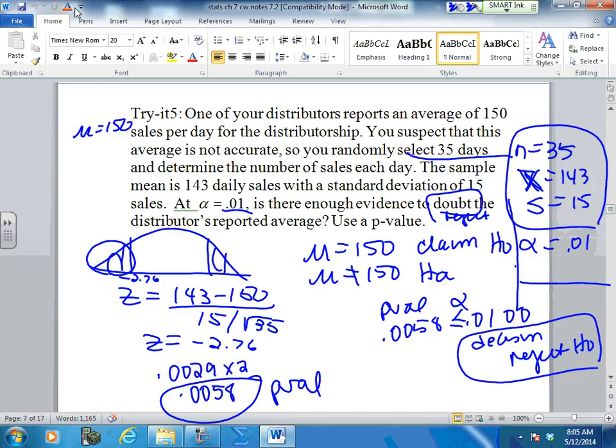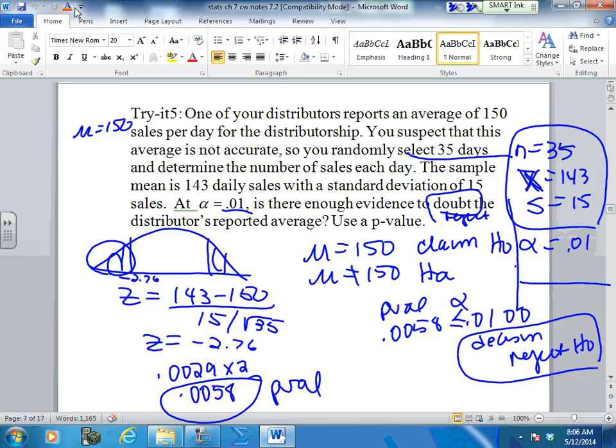So we go to our chart, we say when your claim is your H0, and you reject H0, there is enough evidence to reject the claim that the mean average of sales per day is 150. That's how you have to word your interpretation.